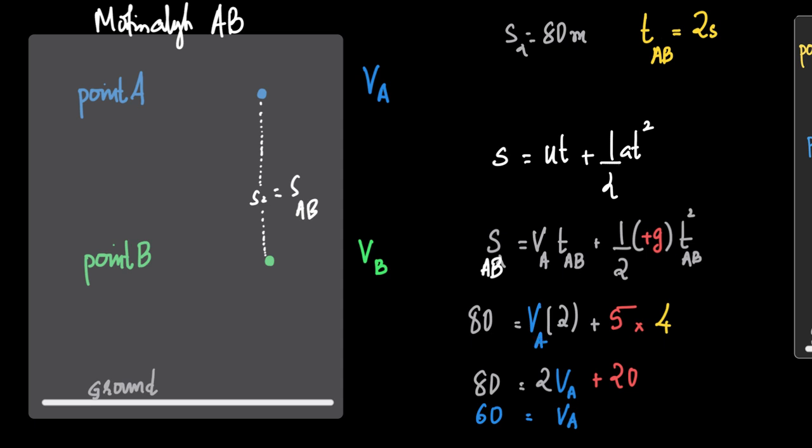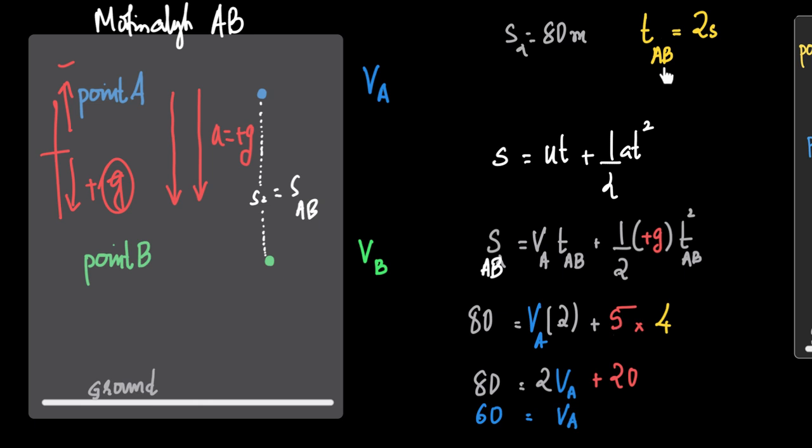What is acceleration? Again, the initial direction of motion is downwards, and acceleration is acting downwards. Therefore, acceleration is equal to plus g. Or if we use the arbitrary scale here, downwards is taken as positive and upward as negative. In any case, acceleration is plus g in this question. So half into g becomes half into 10, which is 5.